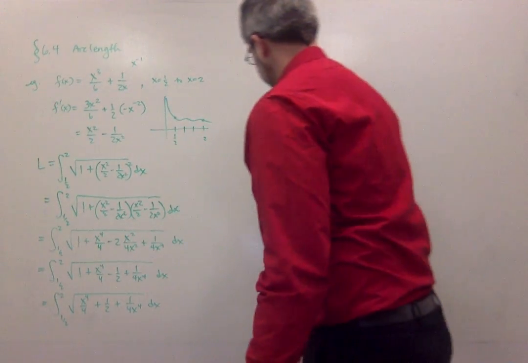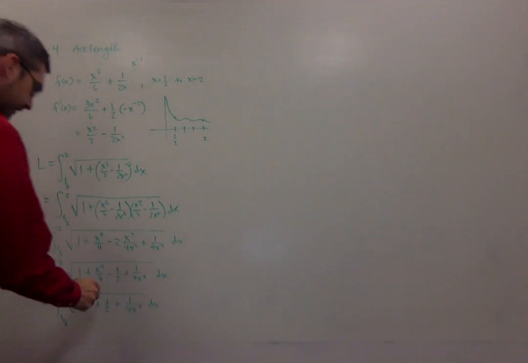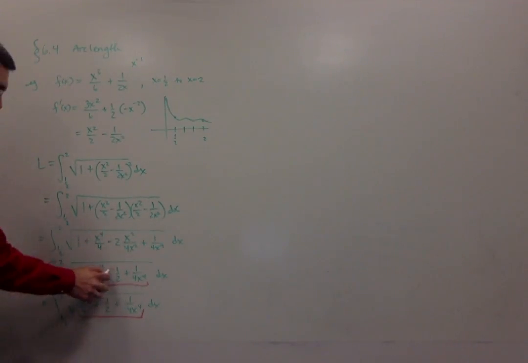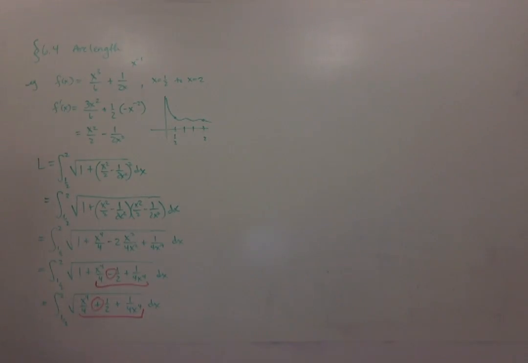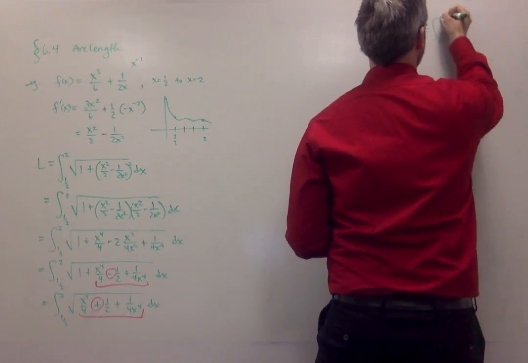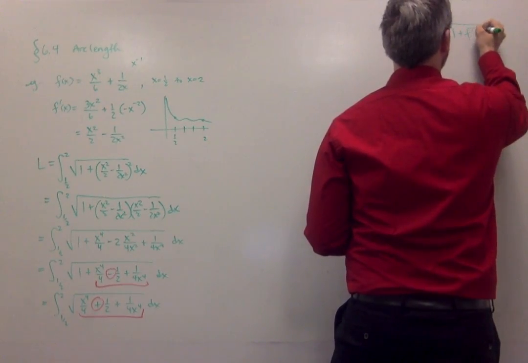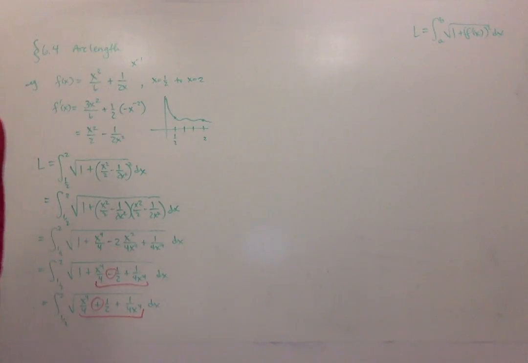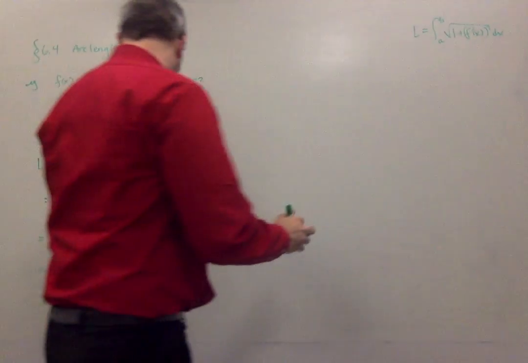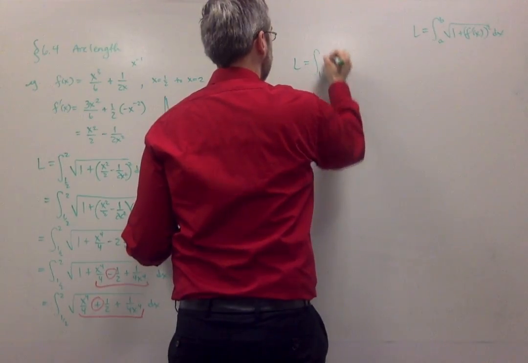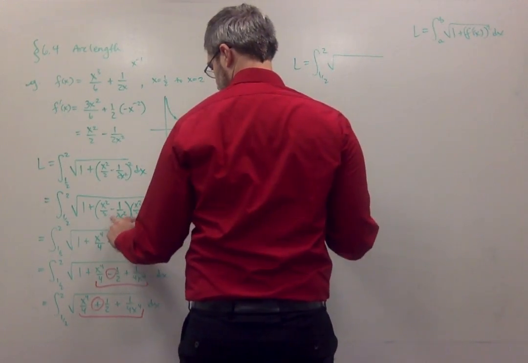Now, what you're supposed to notice when you do this problem is something kind of clever: this and this basically look the same except for that minus sign. Let me just write up our arc length formula here. What that means is that thing actually factors the same way the original thing factored, except instead of a minus, it's a plus.